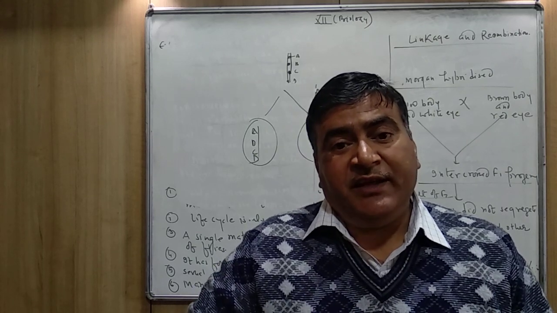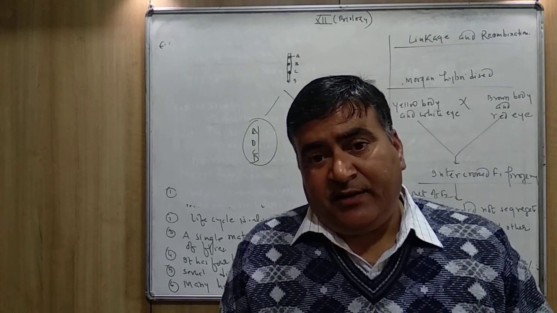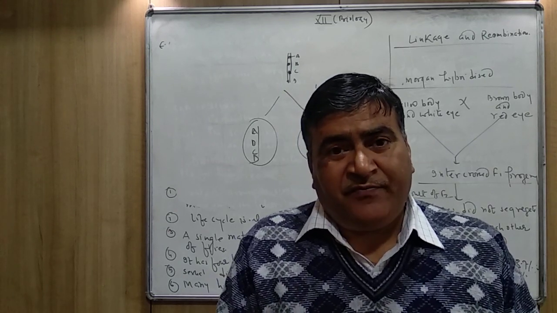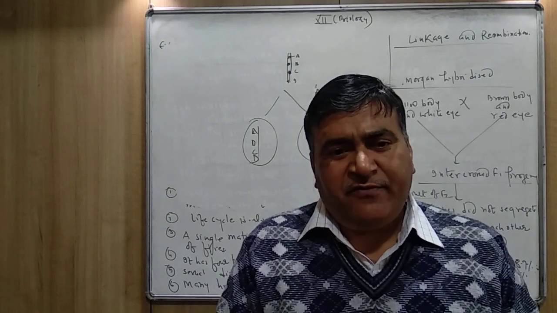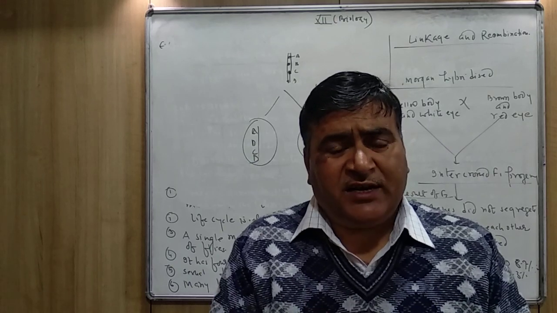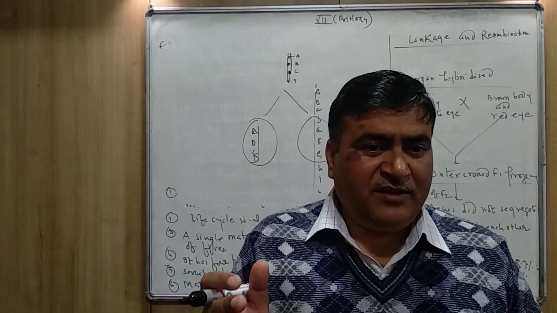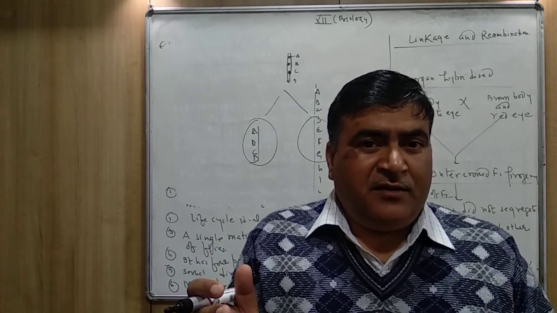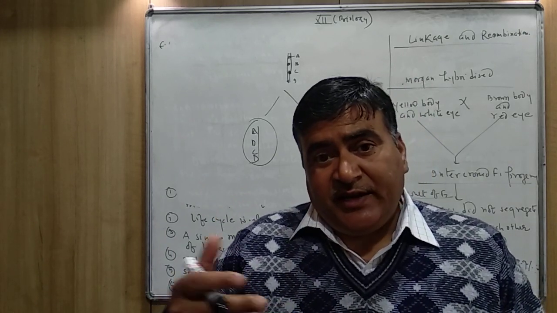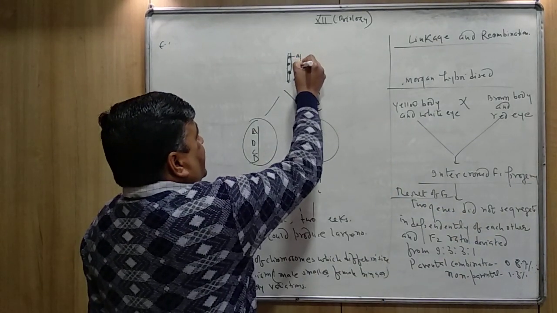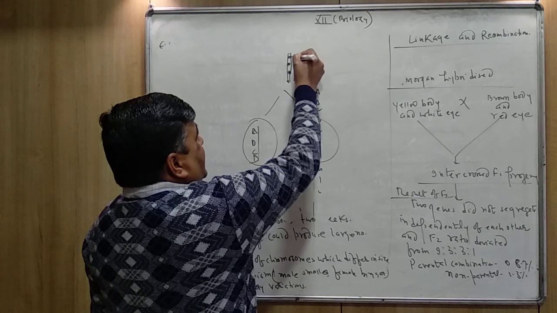And when will the strong linkage be there? If the genes are located very close, or they are tightly packed, or the distance is very less, the linkage will be stronger. Suppose here A and B lie together.